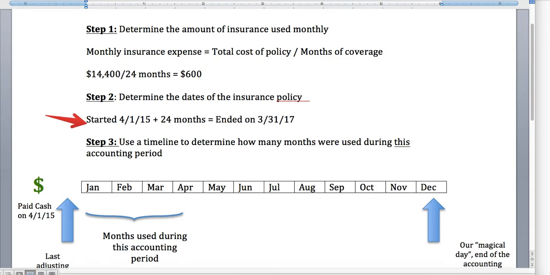So if you take your starting point of April 1st, 2015, and you add 24 months to that, and you can use a calculator to do this or write down all the months in your head, however you want to do it. But 24 months from April 1st tells you that the policy ended on March 31st, 2017.